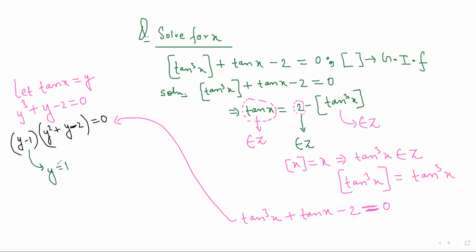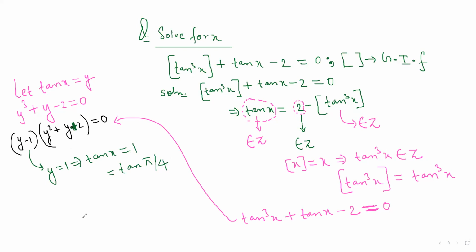So beta, D is less than 0, so the quadratic expression will be positive. No need to solve this one. So tan x is equal to what? Tan x is equal to 1. Means what? That is simply tan pi by 4.